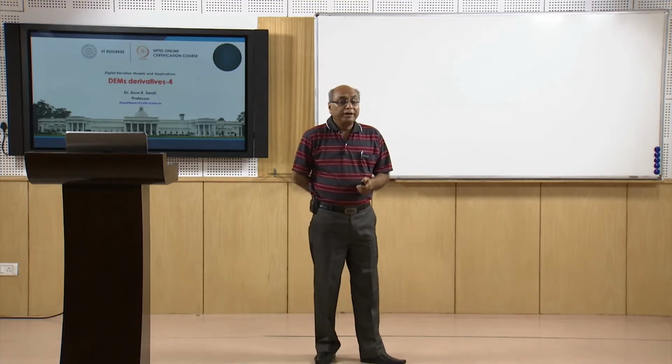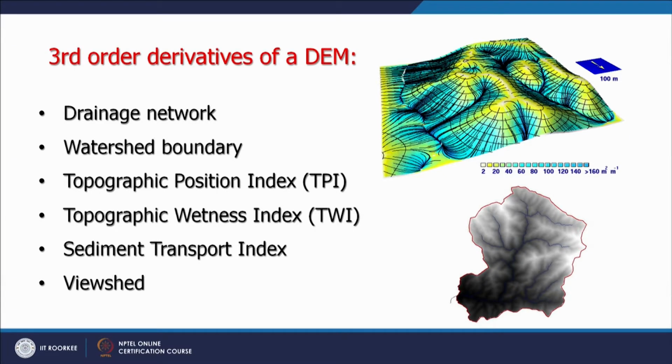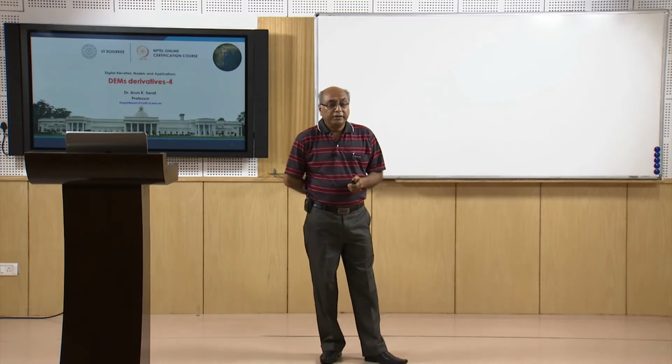And viewshed analysis, which we will be discussing later after the surface hydrologic modeling topics, is one more derivative of a digital elevation model, and that is also considered under the third order derivatives.